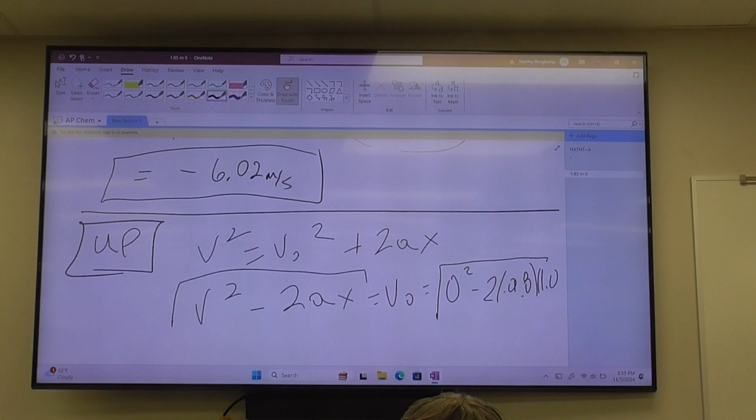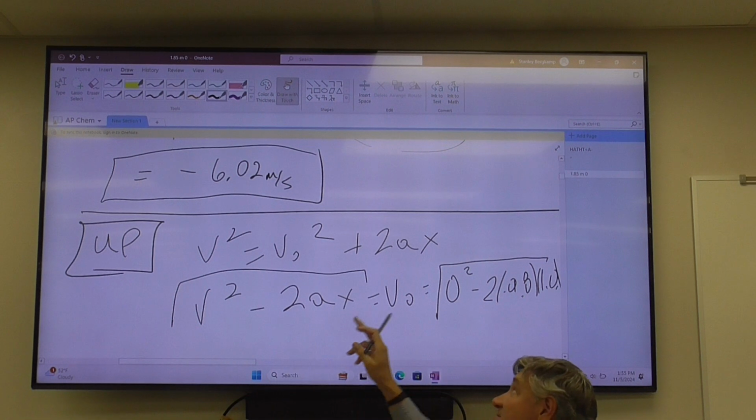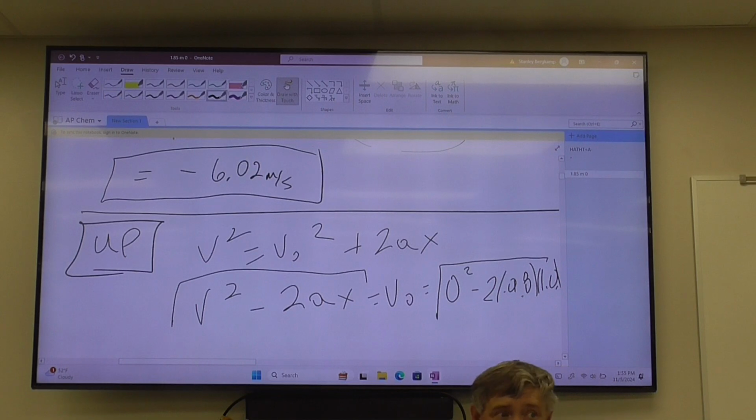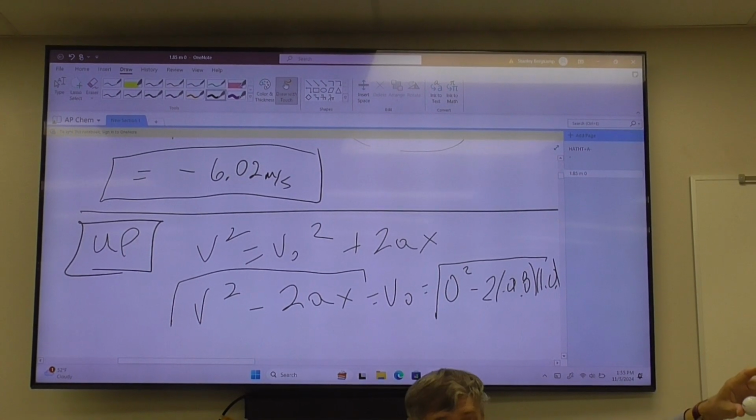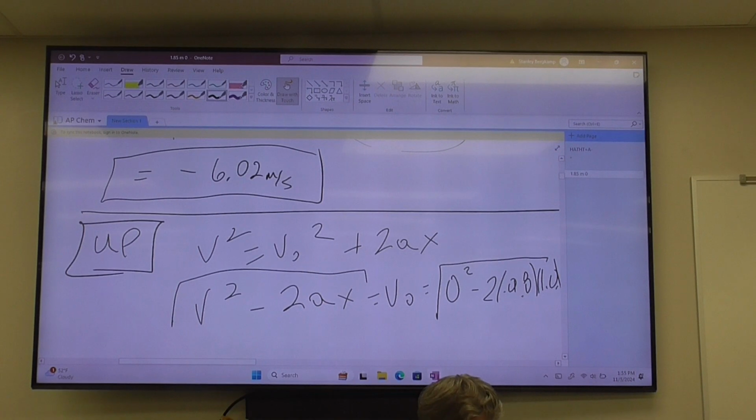Now, do I make this displacement negative 1? Because you have the negative 2. Well, beyond that, which direction is the ball going? Up. What's the final position? 1. What's the initial position? 0. So therefore, the displacement is positive 1.